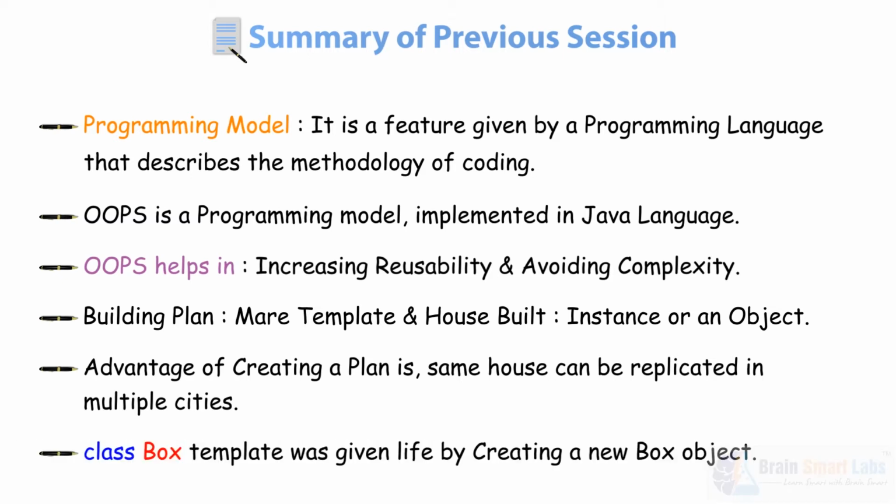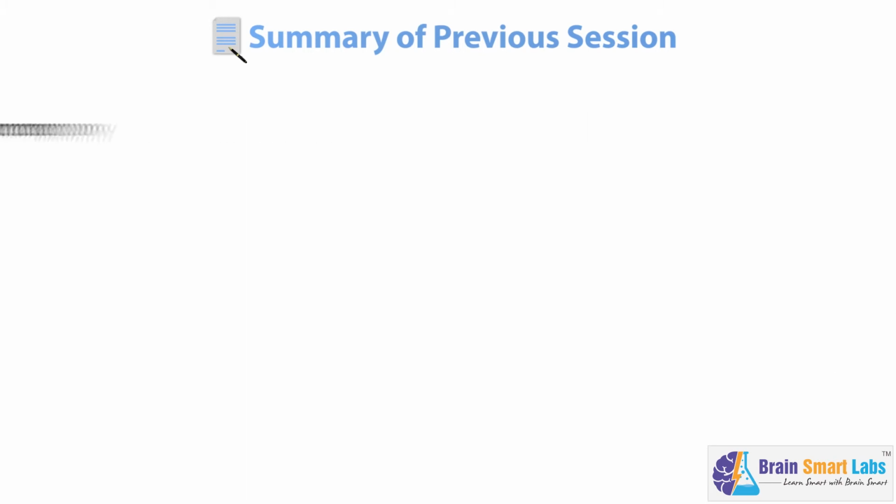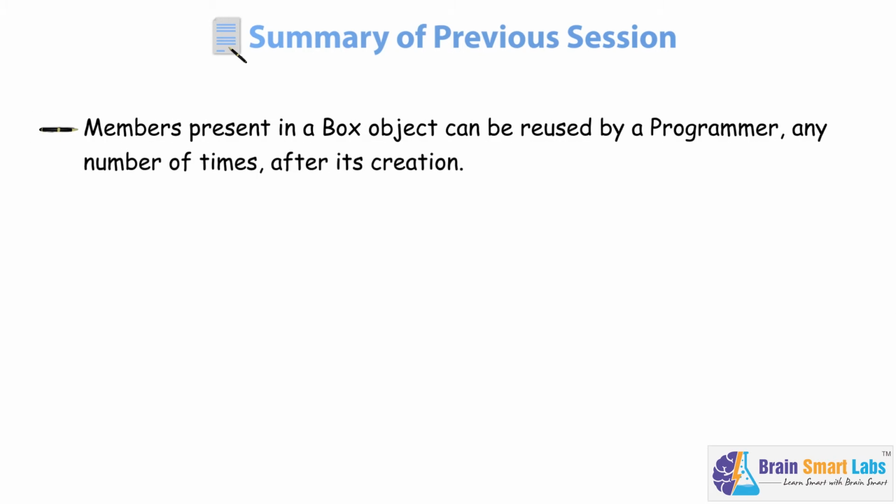OOPS in Java was explained using a class box template, and this template was later given life by creating a new box object. Here we understood that members present in a box object can be reused by a programmer any number of times after its creation.